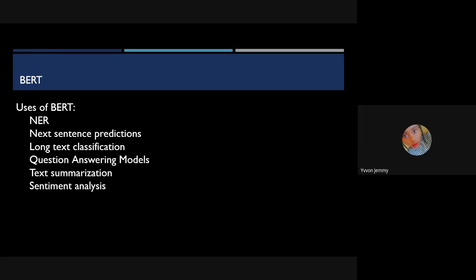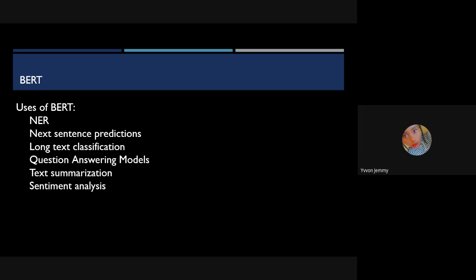Then there is next sentence prediction, as we have said, like Gmail, when you write your mail, the way it autocompletes the statements for you. And then there is long text classification.